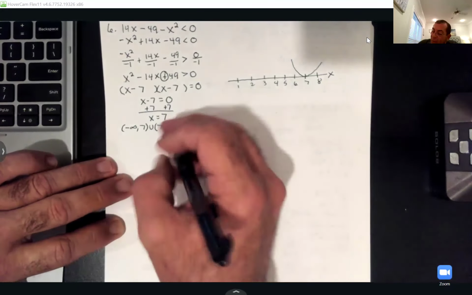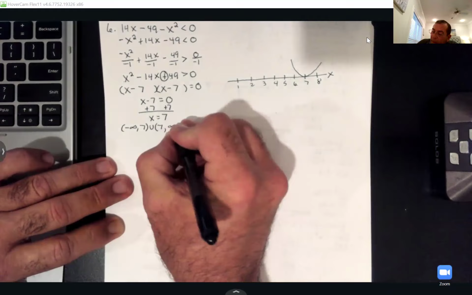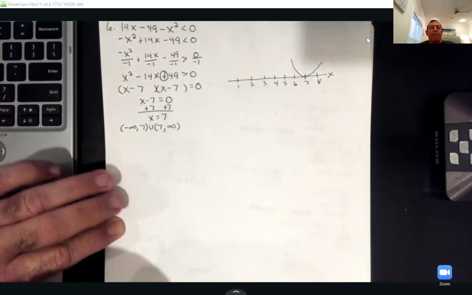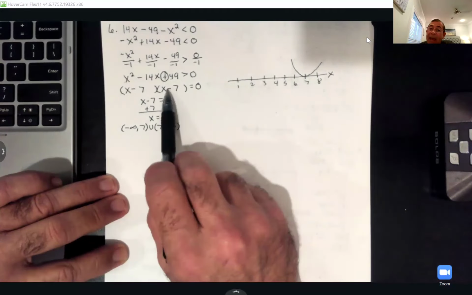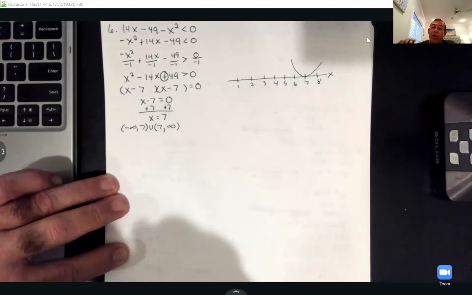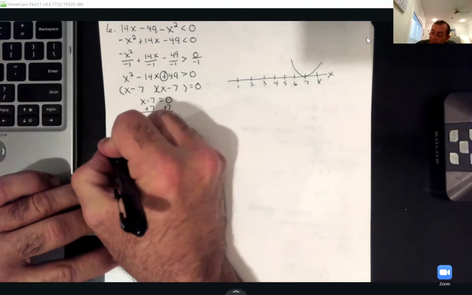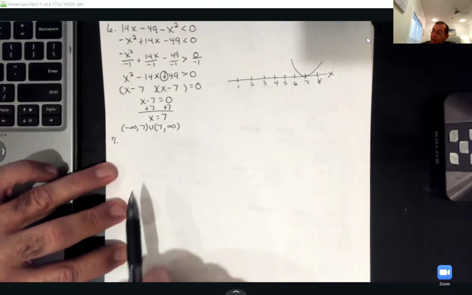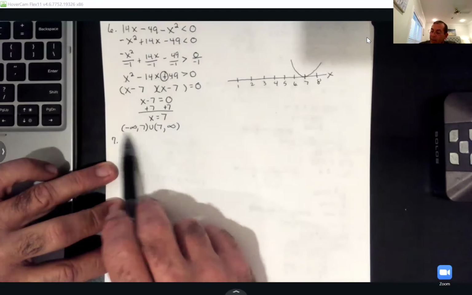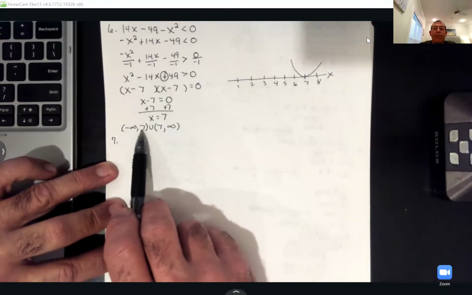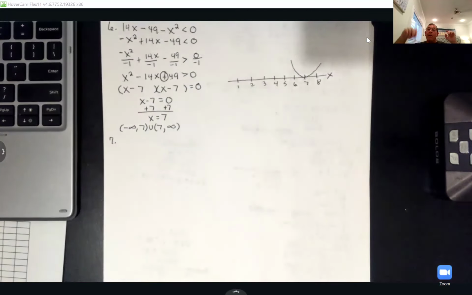And then from 7, we go to positive infinity. So on your number 6, you're probably going to get repeating factors, and that's the only number you're going to kick out. See, everything else does make it true. That's why we go from negative infinity to that number, and then from it to the positive.